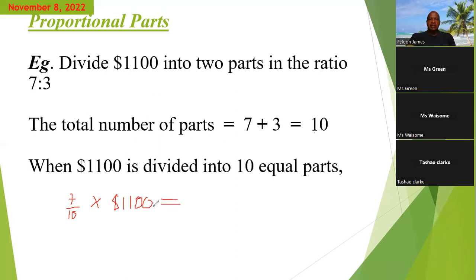And when we do the calculation, we cancel, and then we multiply by 7. We would get 770 as before. And in a similar fashion, if we write 3 as a fraction of 10, we would have 3 over 10 times 1,100.